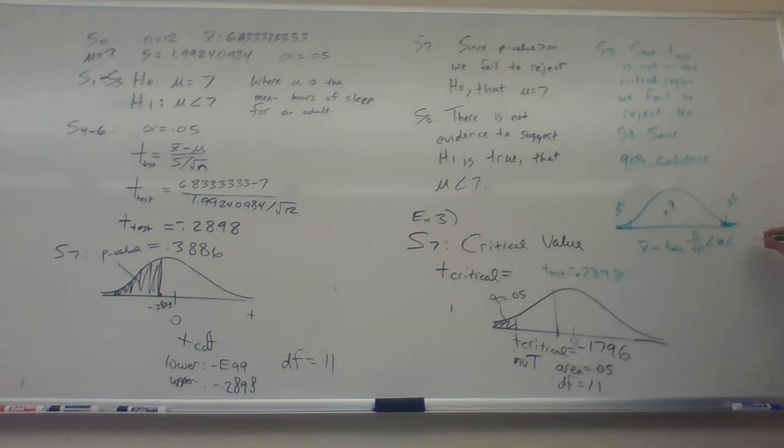I'm not sure you can see. It should be x bar plus t alpha over 2 times s over the square root of n. Same thing except plus.